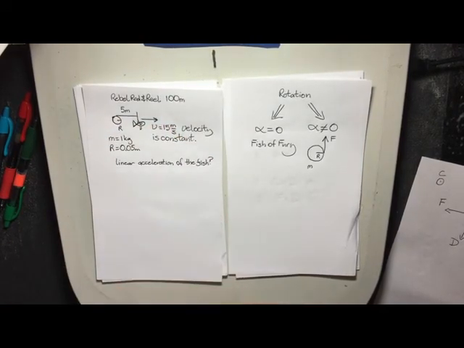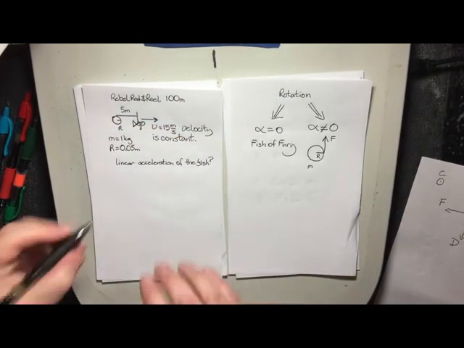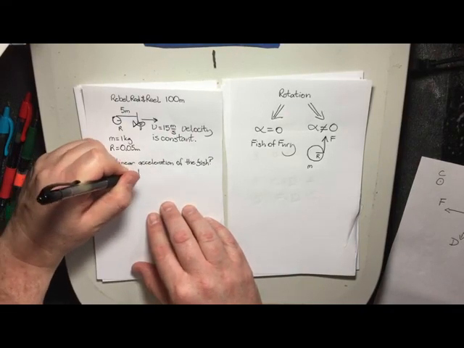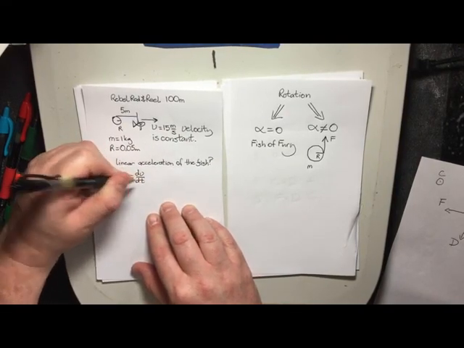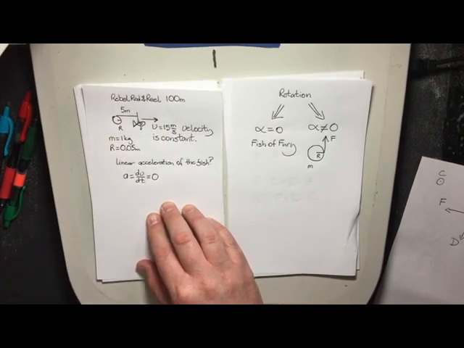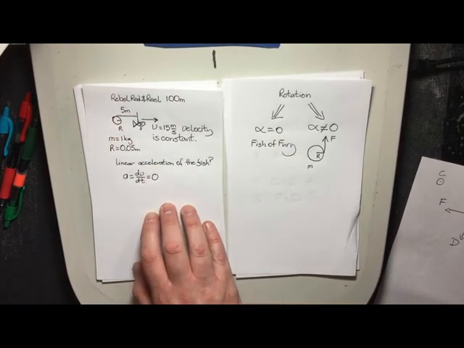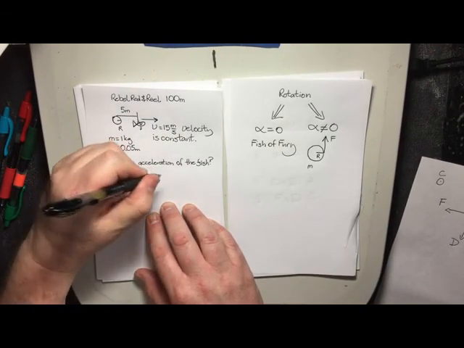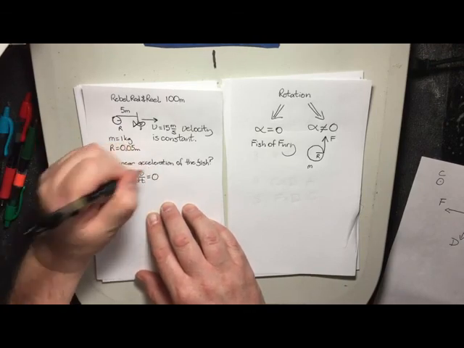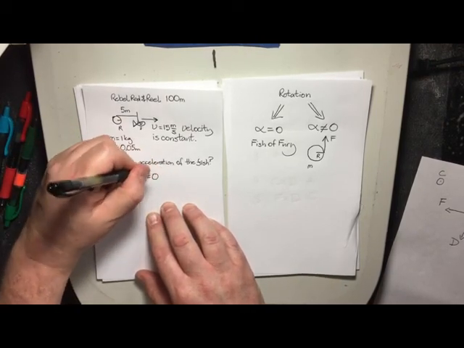It's 0. Why is that? The velocity is constant. A is dv dt, so dv dt is 0 because that's the definition of constant for velocity. So the acceleration is 0.